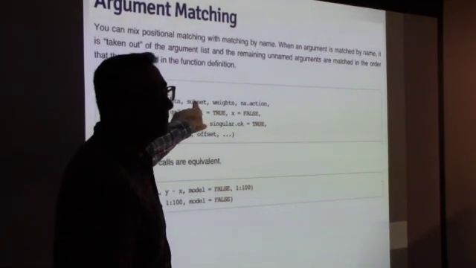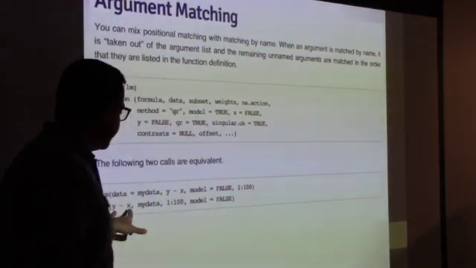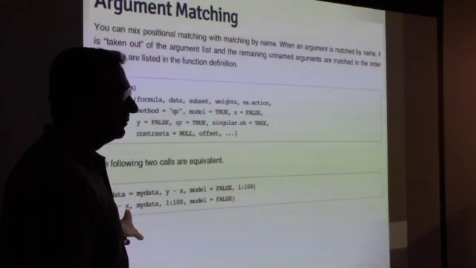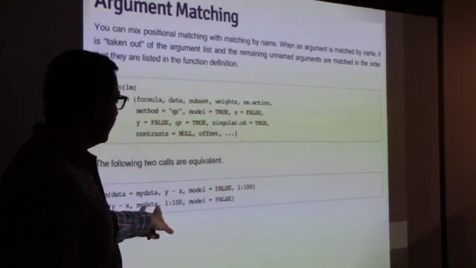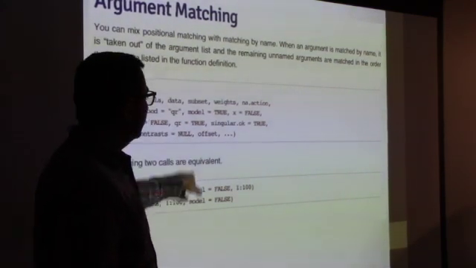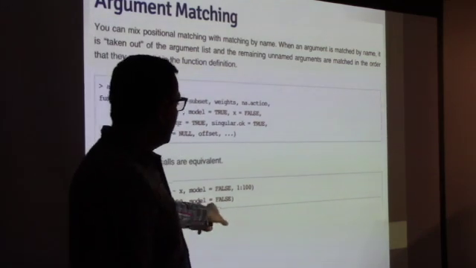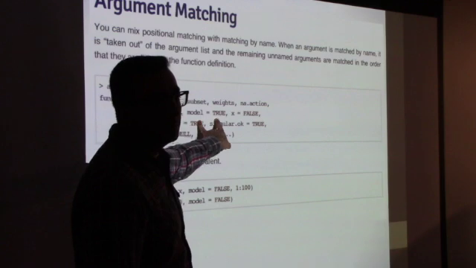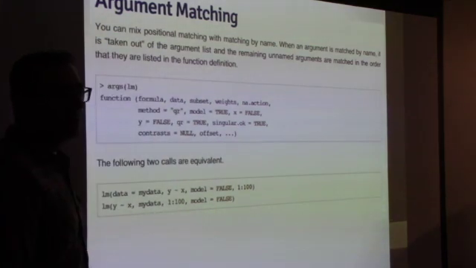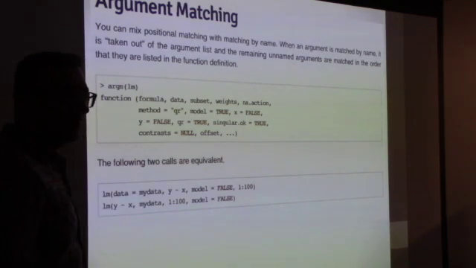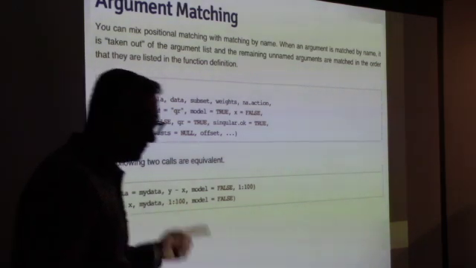Subset. Okay? So what about here? Y tilde x, where does that go? Formula. My data. Where does that go? 1:100. Model is false by name, so it automatically goes to model. Okay? Are you guys clear about arguments matching by name and then by the order in which they are defined? Okay? Good.